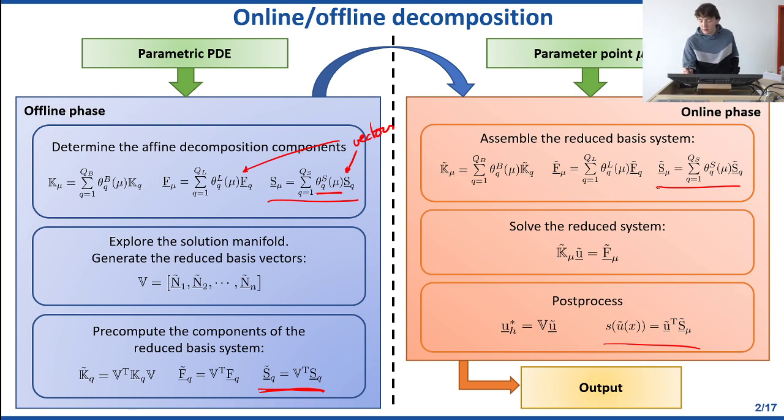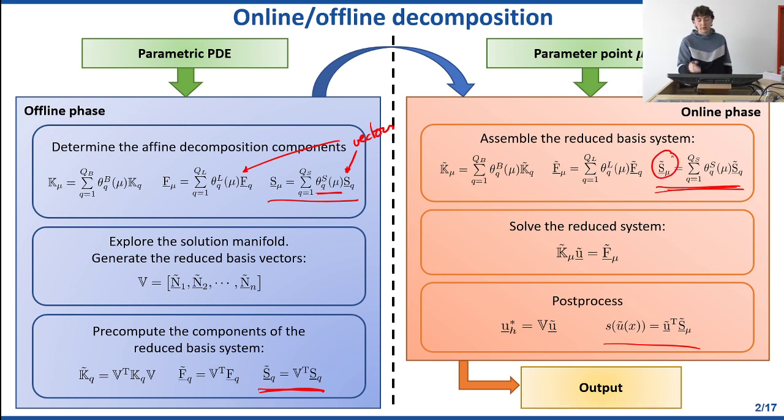So also in the same sense, during operations, we can now regenerate the output functional for that parameter point in a very cheap way, because we pre-computed all the components. They're only small n dimensional. We multiply those by the theta functions to obtain the vector that at this point represents the output functional. This vector.